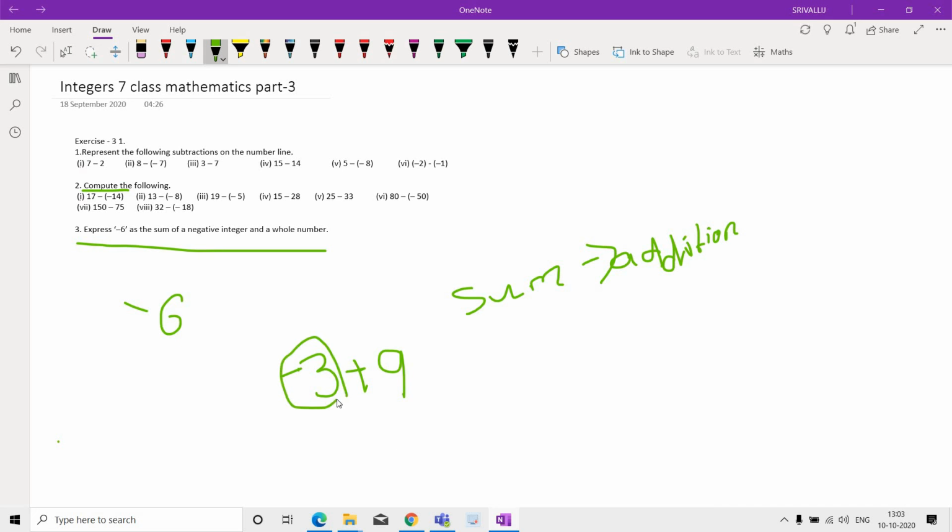Here negative number and this is positive number. Plus 9 is nothing but whole number. Minus 3 plus 9. If we had negative integer and whole number, we are getting minus 6. In that manner, we should write some numbers. So, first one.